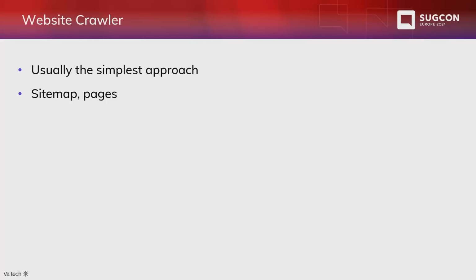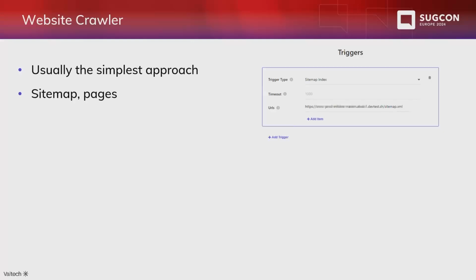There are different ways to get content into your search indexes. Usually the simplest approach is the web crawler. You can crawl sitemap pages and so forth. You create some triggers defining which type it is and where it should start from.